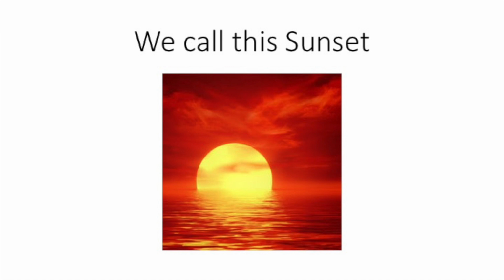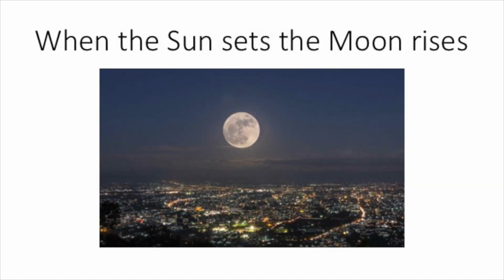We call this sunset. And if you're lucky enough to live close to water, sometimes you can see the sun set into the ocean, which looks beautiful. When the sun sets, the moon rises. Yes, sun goes down, moon comes up.